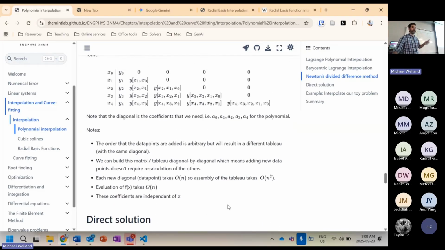One of the nice things about this is that adding, evaluating, and adding data can all be constructed recursively. That's the benefit to this one. So if you start off with 3 data points and now you add a 4th data point, the difference engine is able to expand your third one to include another line that corresponds to your fourth one, and fifth, and sixth, and so on.